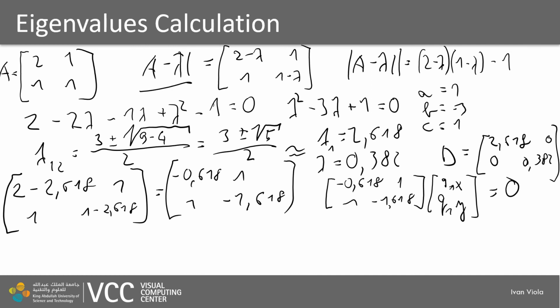We said already that we will have infinitely many of such vectors. So let's say that one vector will be equal. This we will set to 1.